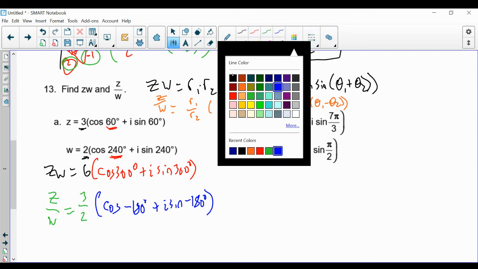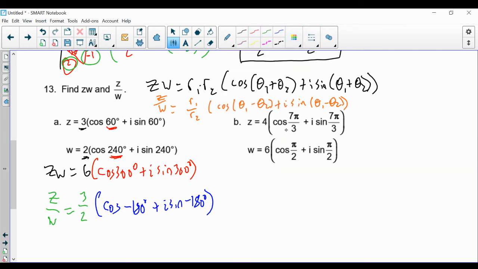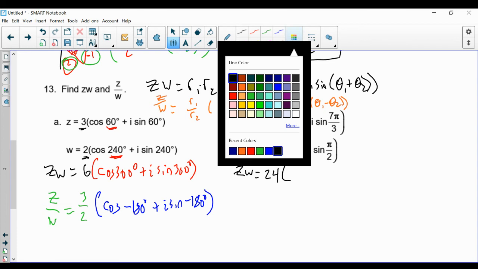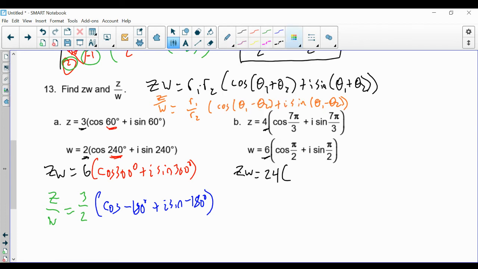Part B, same exact thing, except we're in radians instead of degrees, so we're still doing the same steps. So z times w, you multiply your r's together, and then the angles you'll add. Now, this is where you might want to do a little work on the side. 7 pi over 3 plus pi over 2.